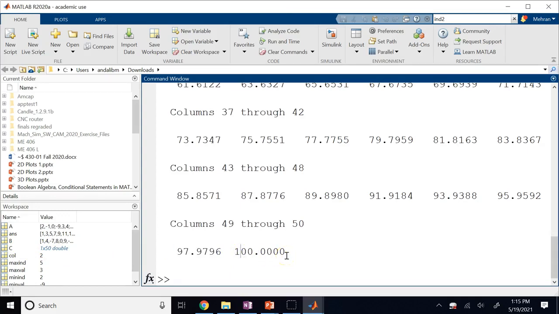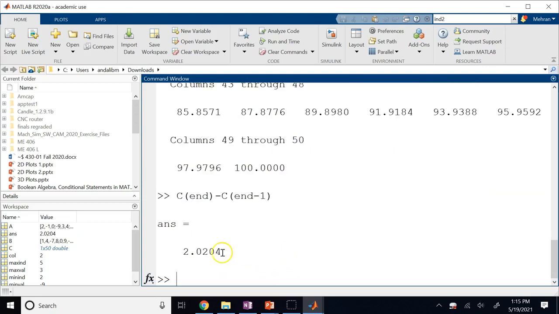Just you need to subtract, for example, c of n minus c at n minus 1. This is the amount of increments that you need to create 50 equally spaced data. Well, you might say, well, I can create 50 data points by saying go from 1 to 100, and the increment is the difference between them, which is 99 divided by 50 data points.